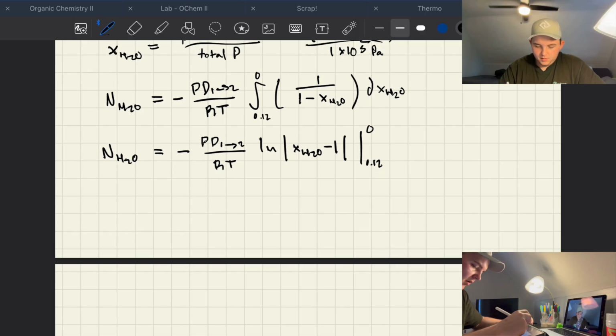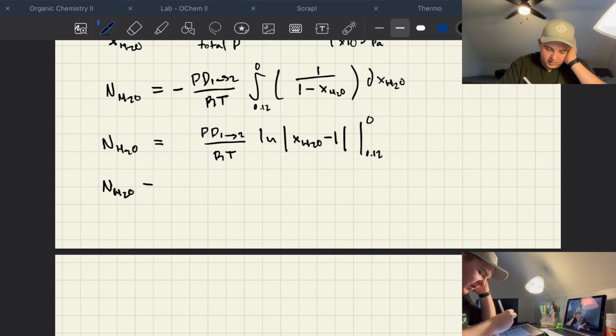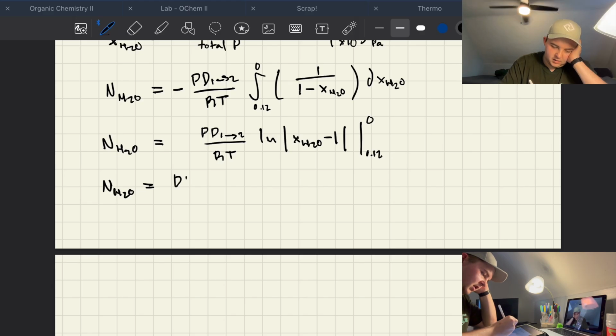And then I believe we can get rid of this negative sign too with the integral. Okay, now I'm just going to rewrite everything.